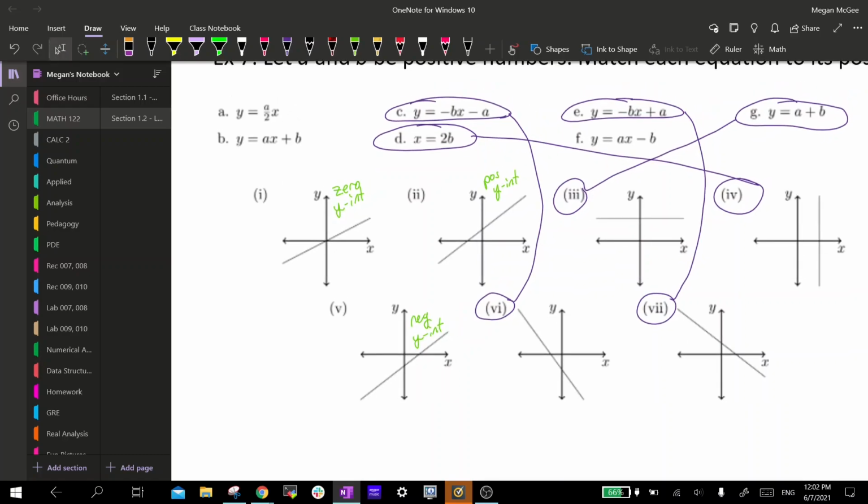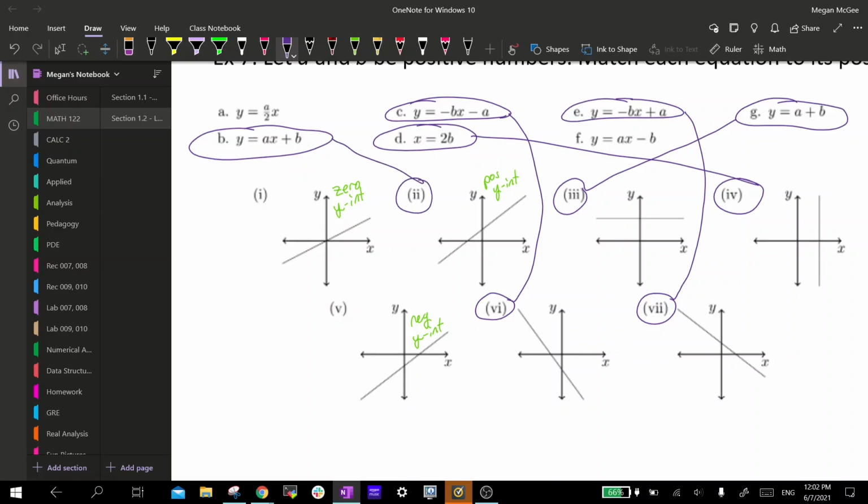Alright, so let's look at the positive one first. We need a plus some number at the end. Alright, so for B, we have y is equal to ax plus b. So a is our slope times x, and b is our positive y-intercept.